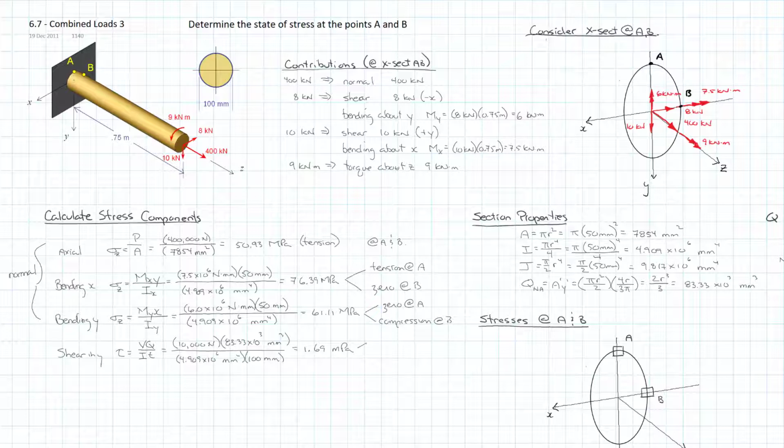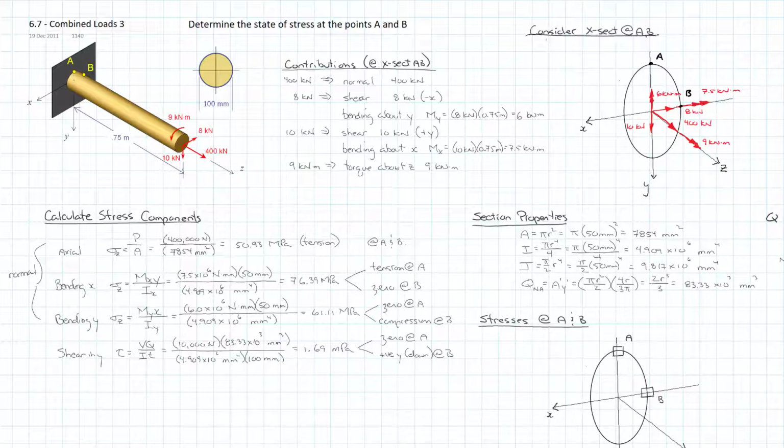So at A, I would expect this to be 0, which is the extreme fiber, and a maximum on the neutral axis, which is at B. And so it's going to be at B, and it will take its direction from the 10 kilonewtons, which would be positive Y, which is down in this case at B.